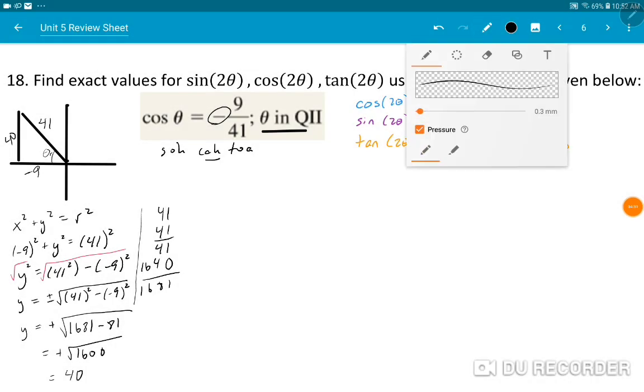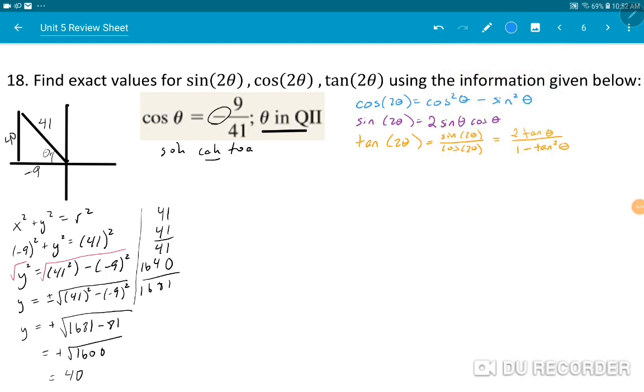Now looking back to my formulas, I need to find sine. I have cosine already, so I'm just going to write it down for reference. Sine will be the opposite over hypotenuse, so that's positive 40 over 41. I should be able to find all three of these using those two items.